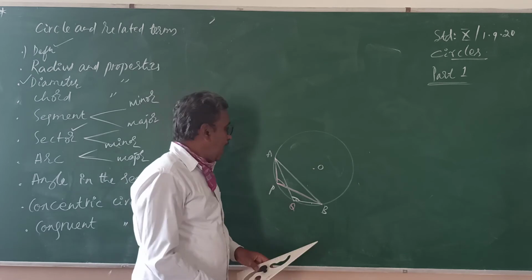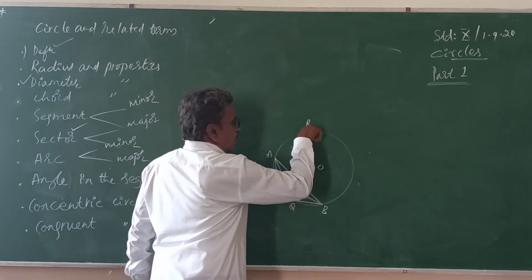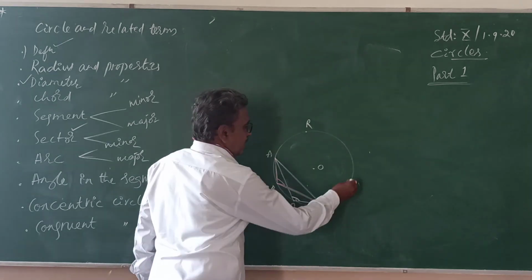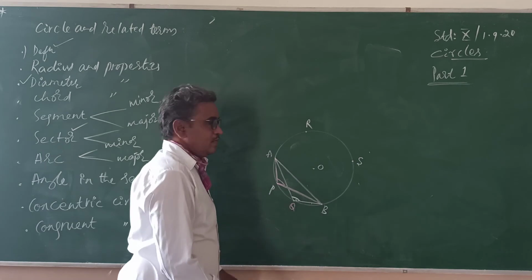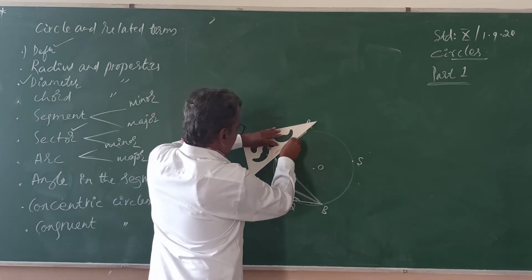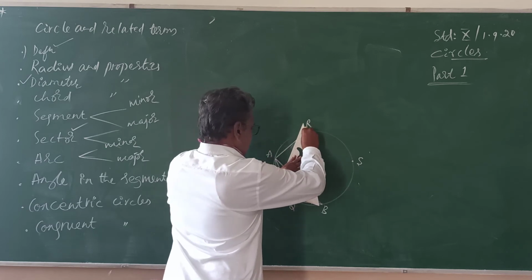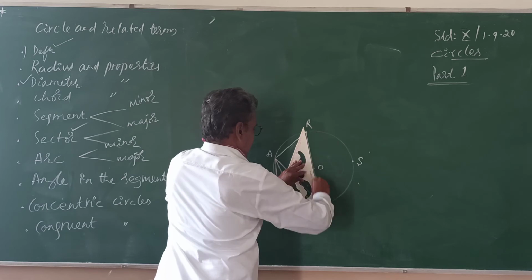Be very careful. Now R is a point on the major segment, and S is a point on the major segment. Now join AR and BR.